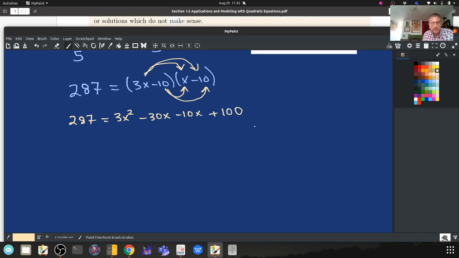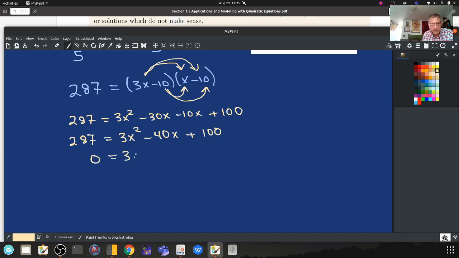I want this to be simplified on the right-hand side first. So minus 30x minus 10x is minus 40x plus 100. Now I'm going to move my 287 over here.